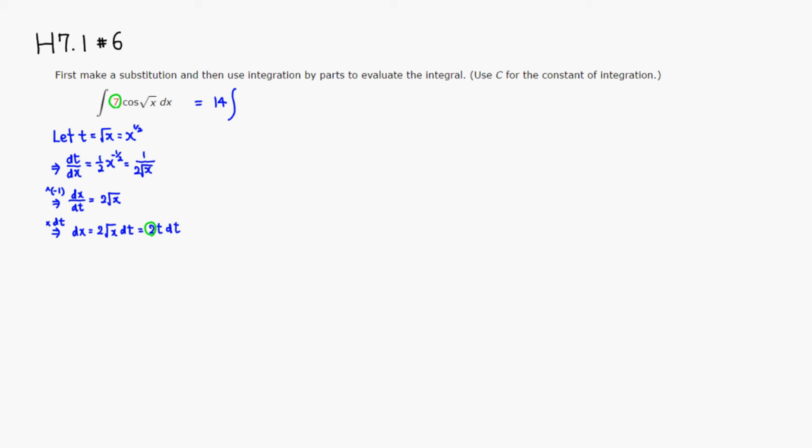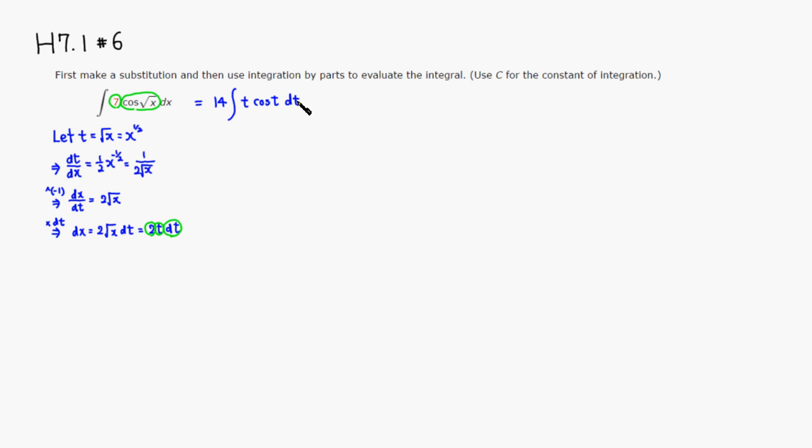Then there's a t here, so I'm going to put t right here. Then there's a cosine of t, since square root of x is t. Then we have dt. So this is the integral we get after the substitution.